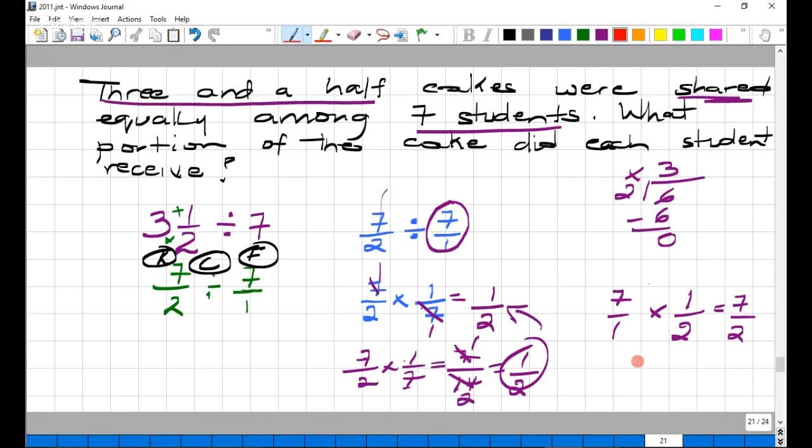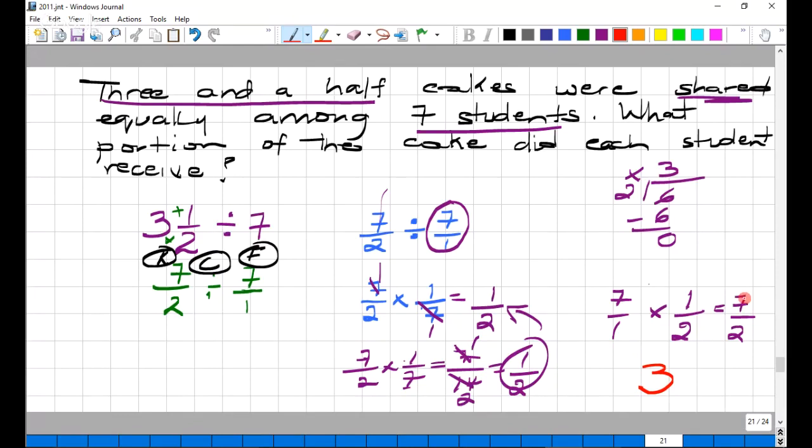I can change it to an improper fraction... no, to a mixed number. How do I do that? By seeing how many times 2 can go into 7. 3 whole times.